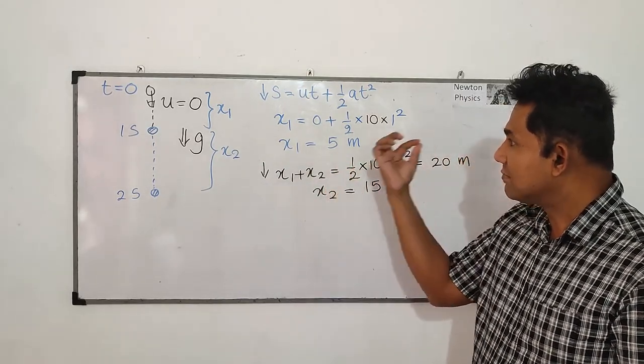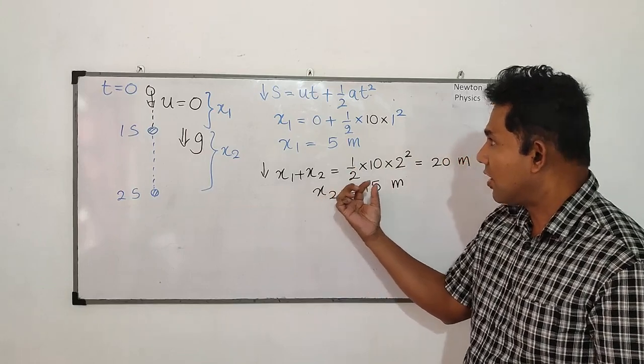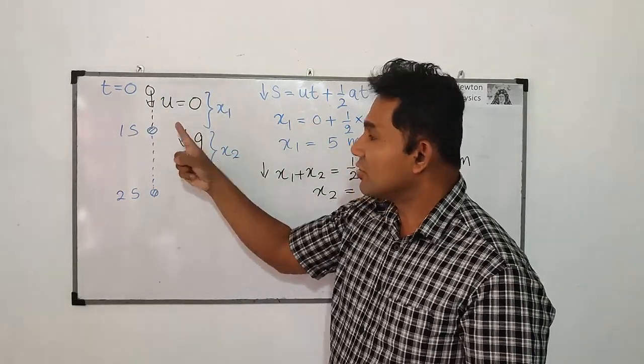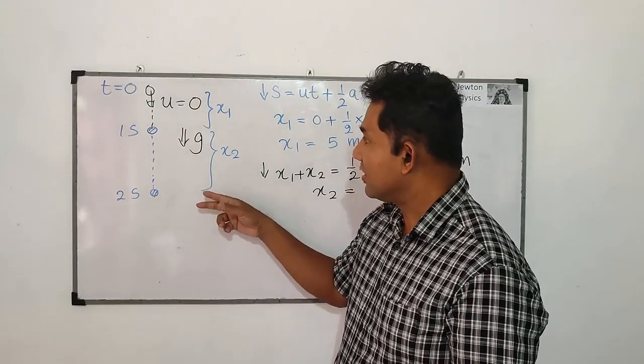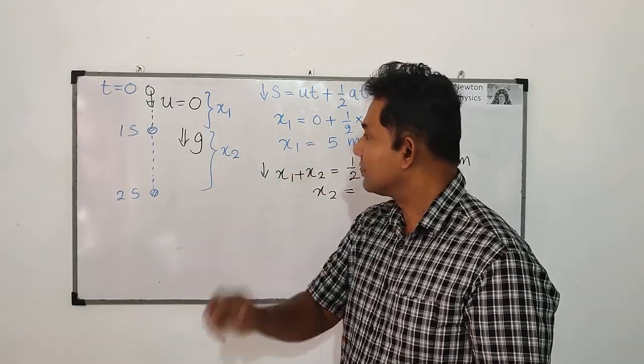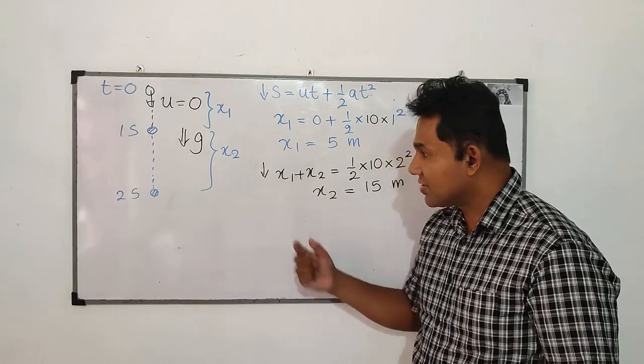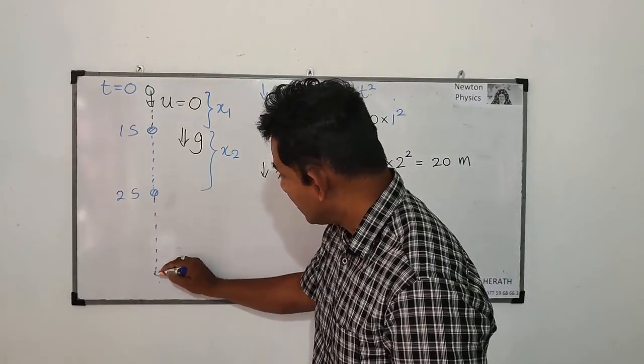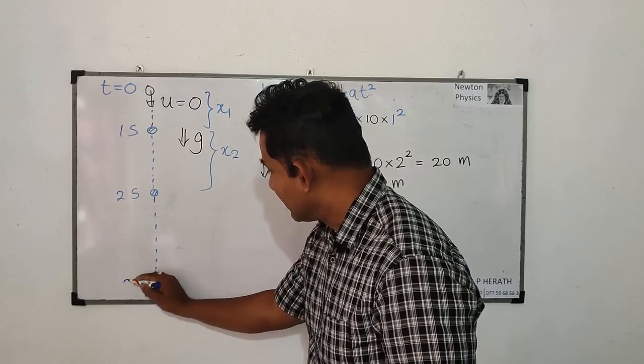That means if I am taking the travel distance in the first second as 1 unit, in the second second it travels 3 units, right? I am taking another second here. That means the total time becomes 3 seconds.